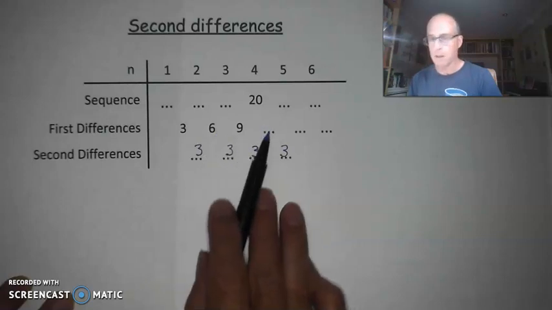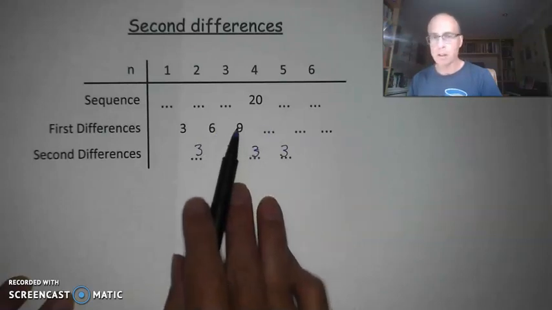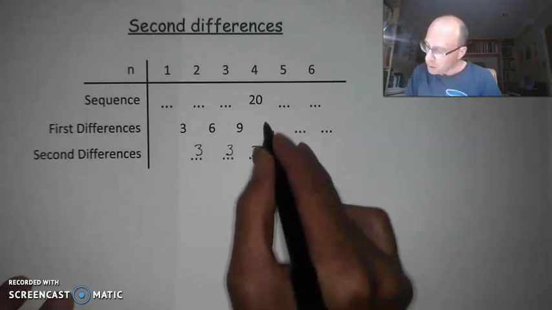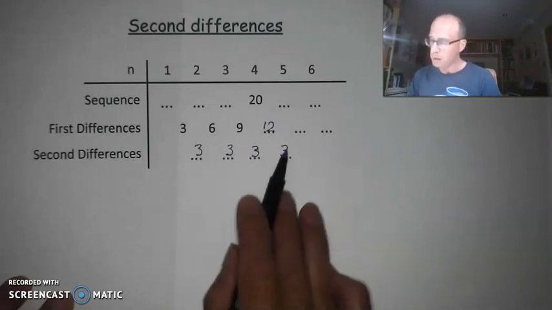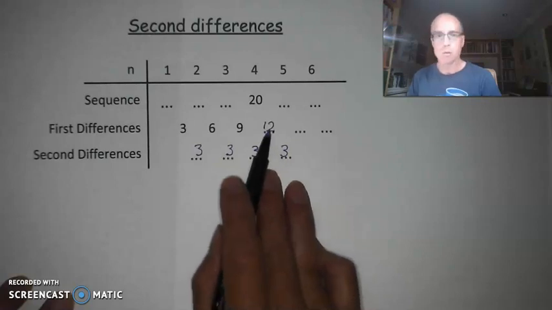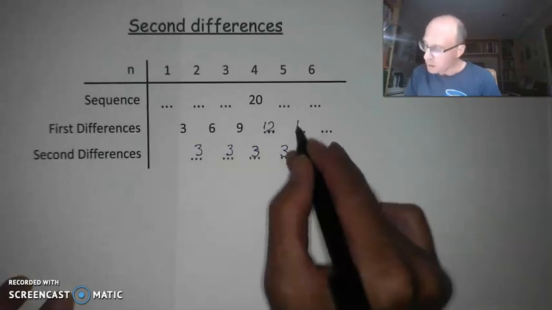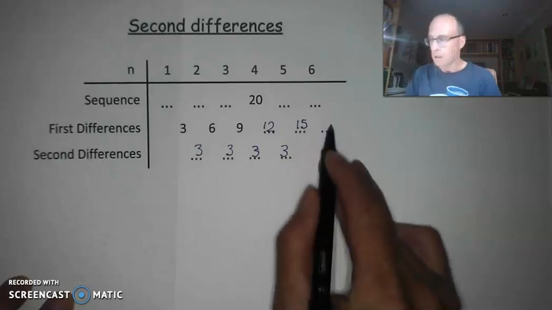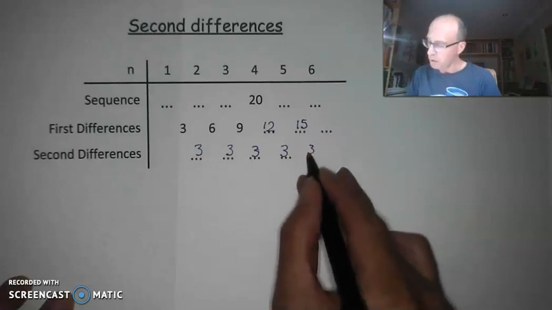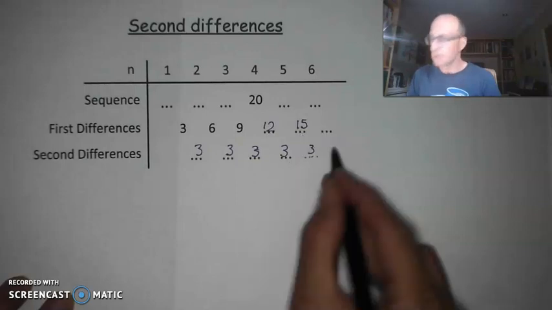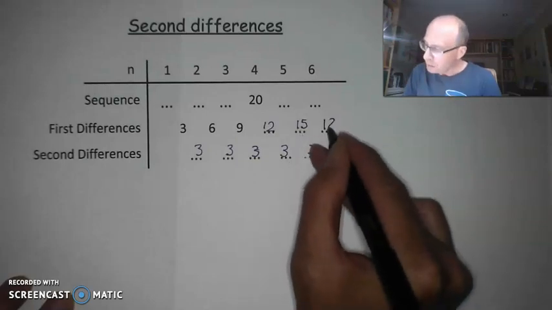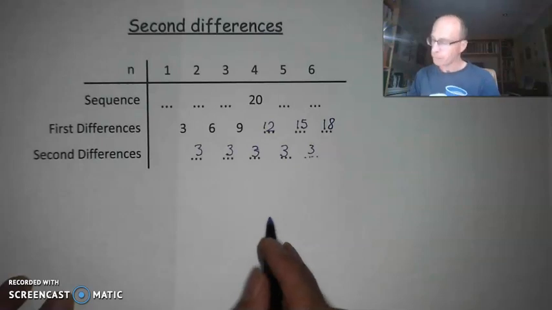This number here has got to be 3 higher than 9, so it needs to be 12. Similarly, this number here is going to be 3 higher than 12, so this one's going to be 15, and this one, I could write another 3 in here, is going to be 3 higher than my 15 to give me a value of 18.